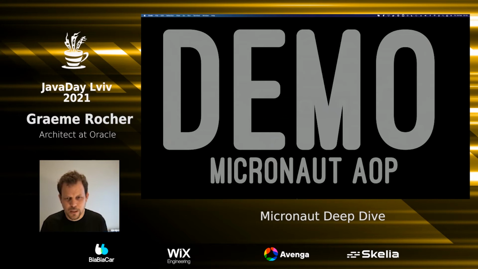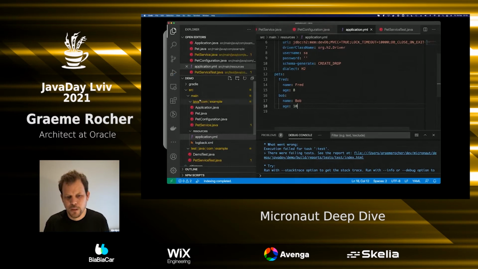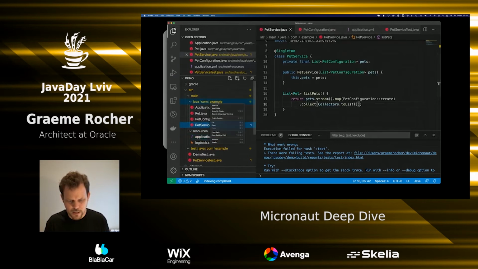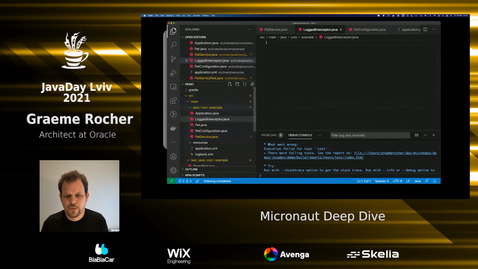And it does. So, if I were to add another pet in here, maybe Joe, name Joe, and then don't correct that, age 2, and run that again, you can see that probably this time the test will fail because there's actually 3 pets now instead of 2.